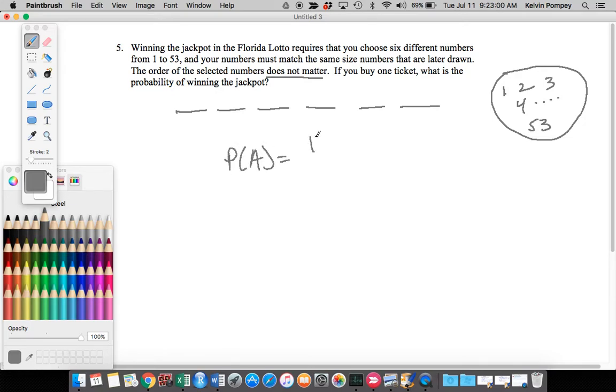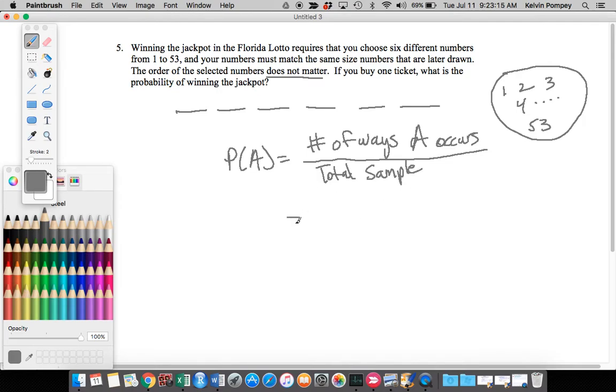And so remember that our classical probability is the probability of A is the number of ways A can occur divided by the total sample space. All right. And so the number of ways that A can occur, well, let's talk about our total sample space.